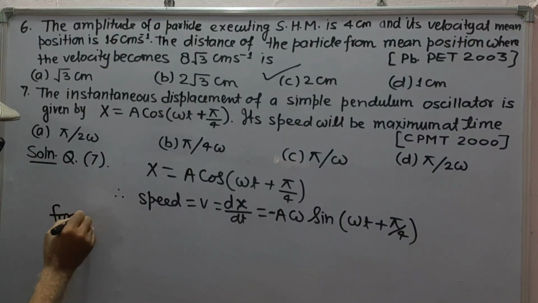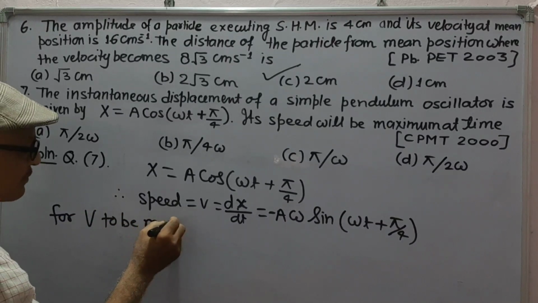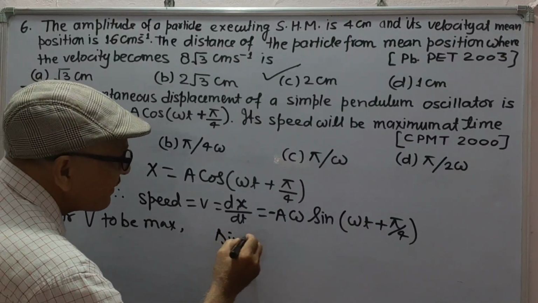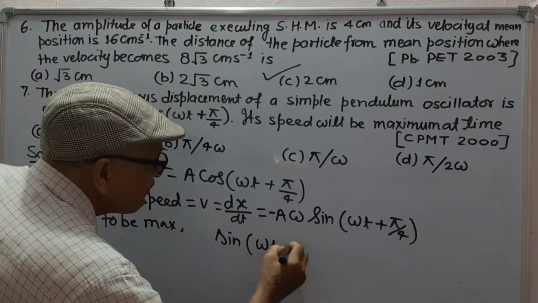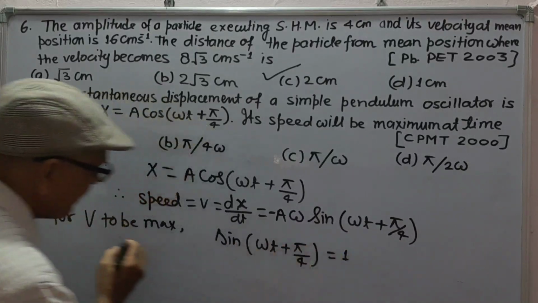For v to be maximum, sin omega t plus pi by 4 should be 1.